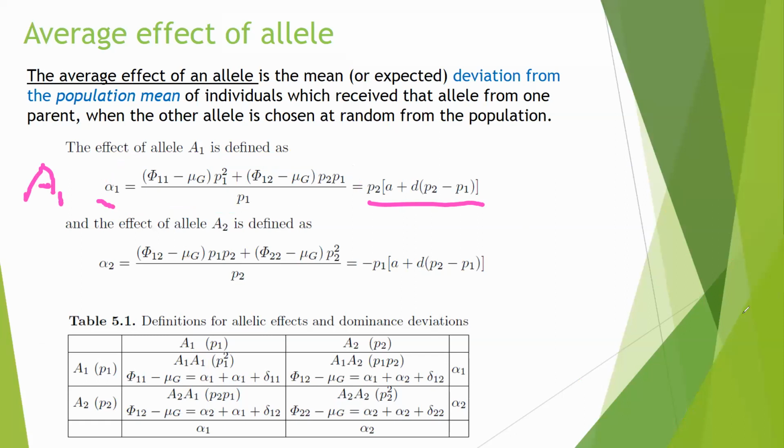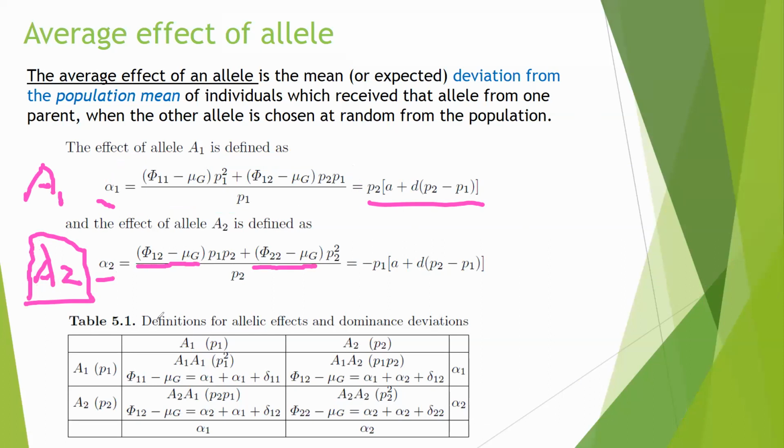Okay, and we can follow the same logic to calculate the breeding value, or breeding power, for A2. So A2 can have two genotypes, right? If you already have an A2 selected from the parents of interest, what is the breeding power for this A2 allele?